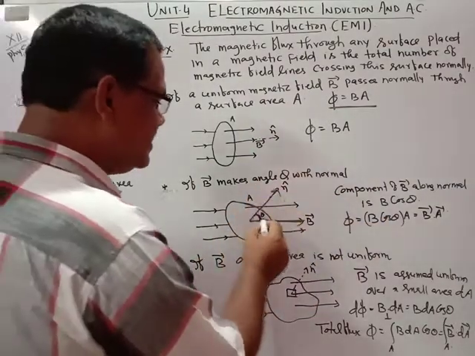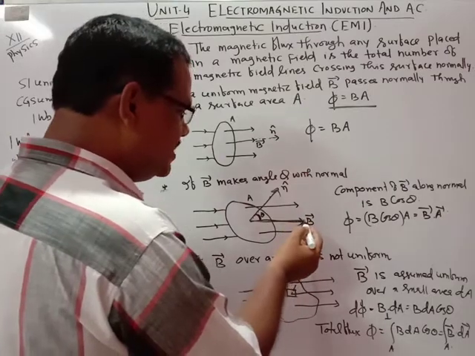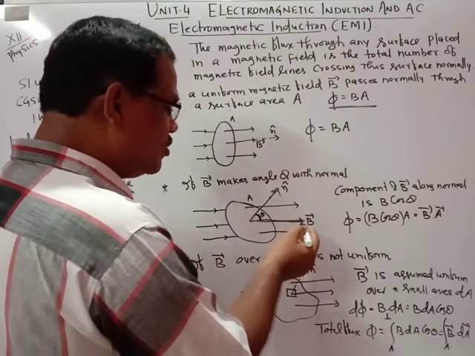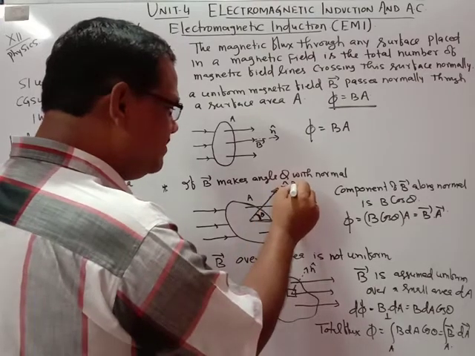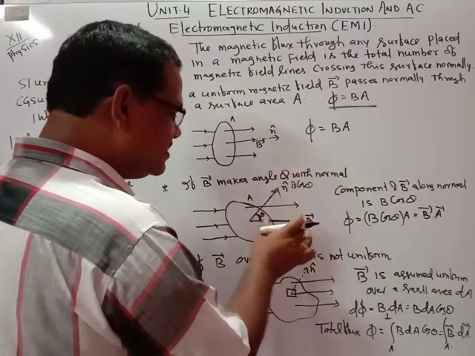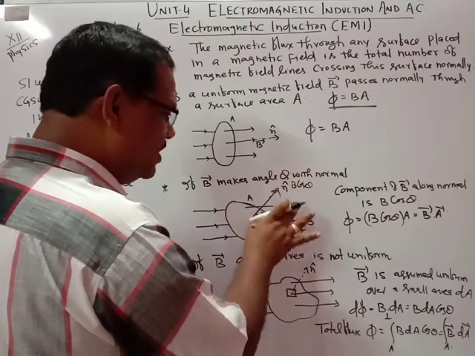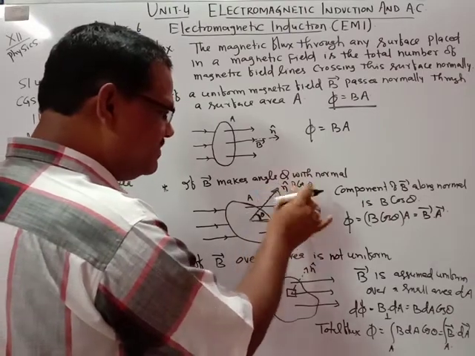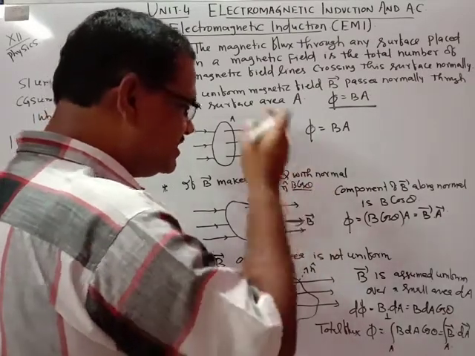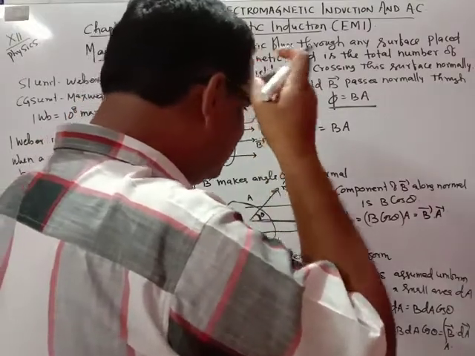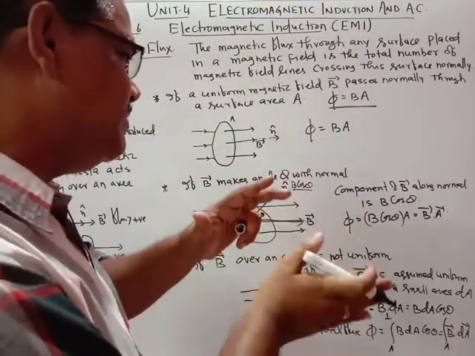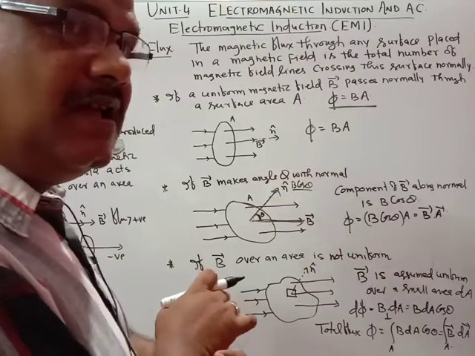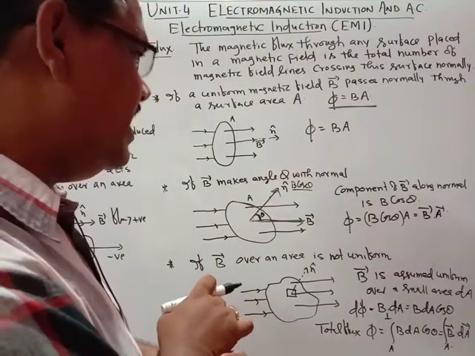Suppose the B vector is here. The component of the B vector along the normal will be B cos theta, because one component of the B vector is along the normal. We know the flux is the product of the magnetic field and the area when both are in the same direction, meaning the field should be along the area vector, or along the normal.